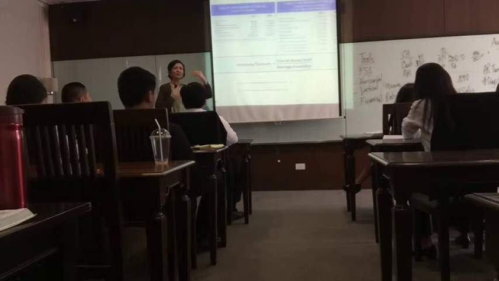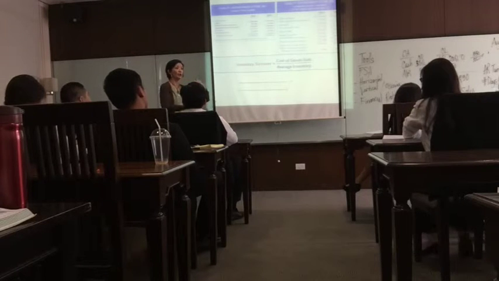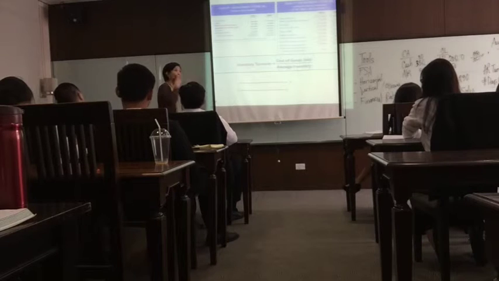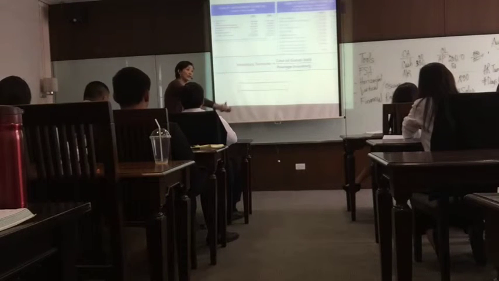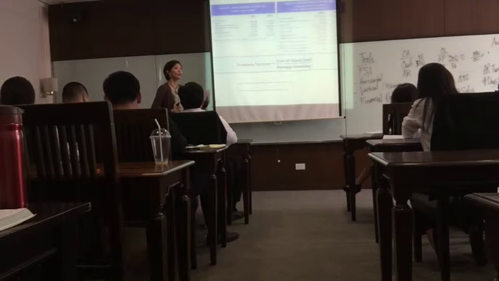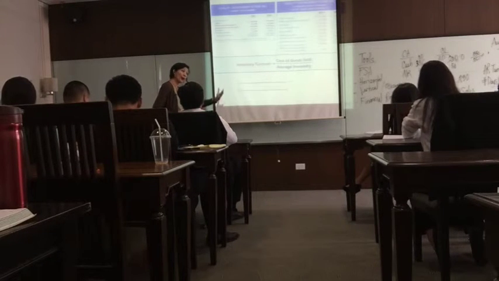What is the action of turning over inventory? What happens when you sell it? You buy, you sell. You buy, you sell. That's one turn, right? How many times can you do that over a year?